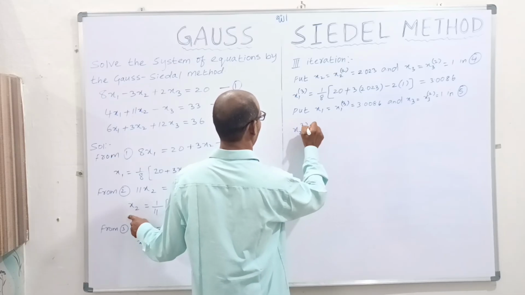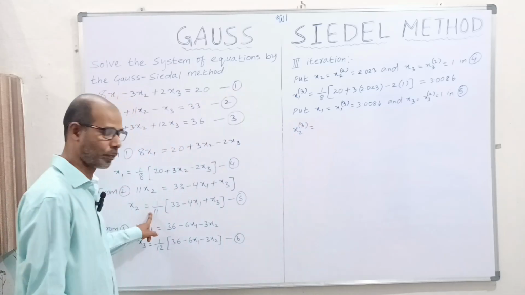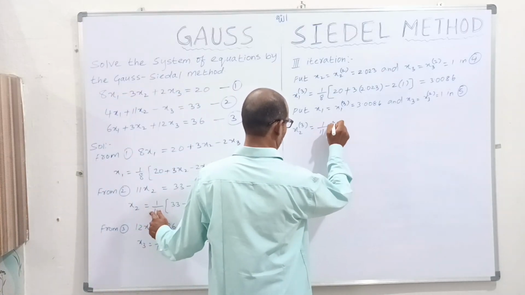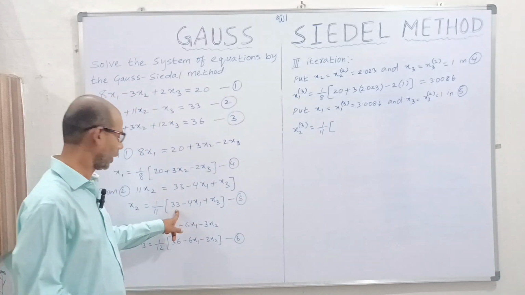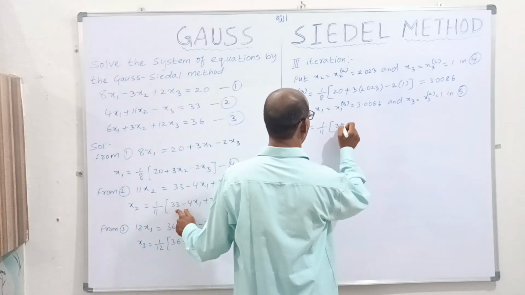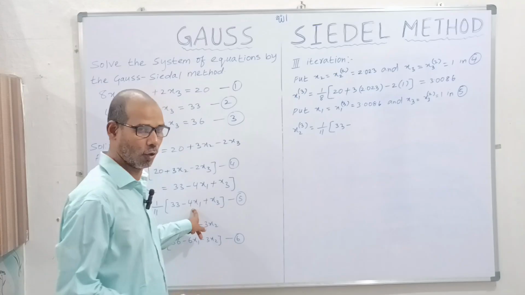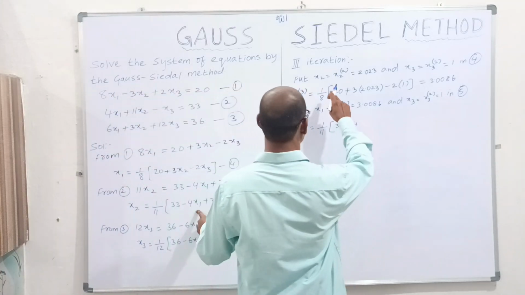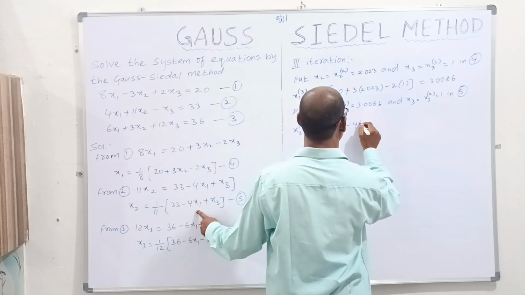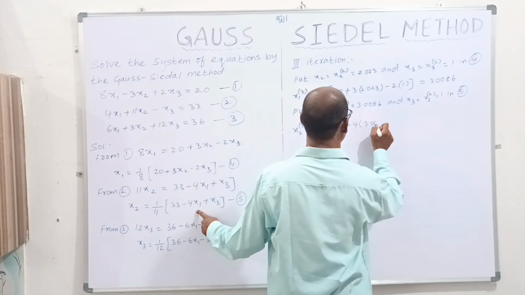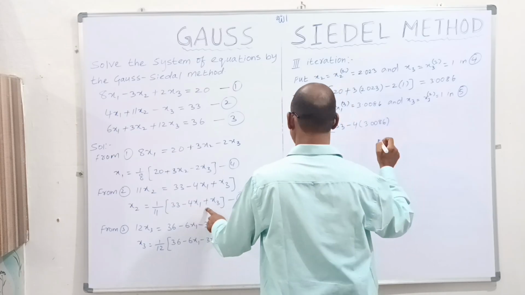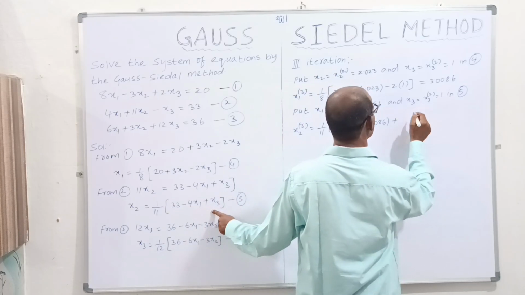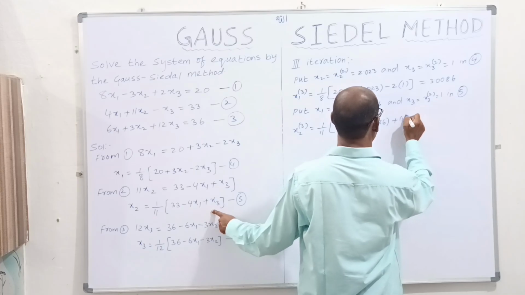x2 is equal to 1 by 11 times (33 minus 4 into x1, where x1 from the third iteration is 3.0086, plus x3, where we take x3 as 1).